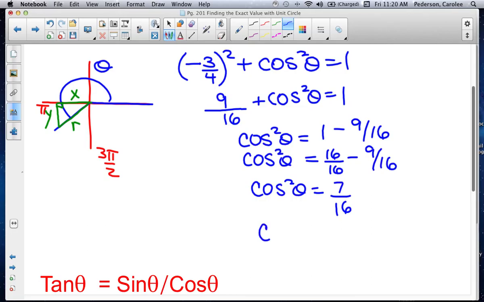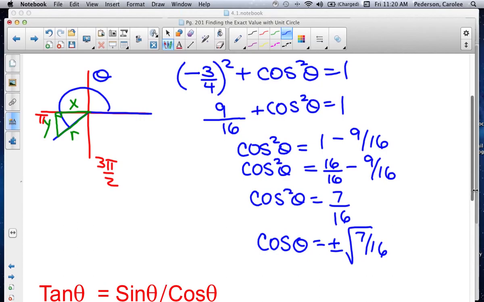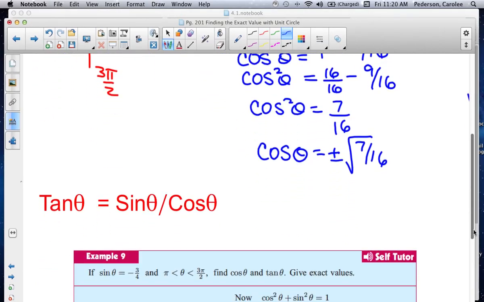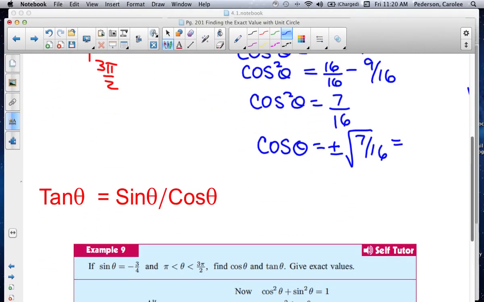Then we want to undo the squared, so we're going to square root both sides, plus or minus the square root of 7/16. I can then reduce this radical to the square root of 7, square root of 16 is 4, plus or minus.